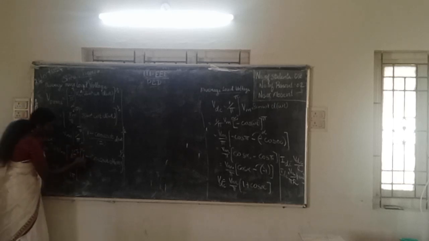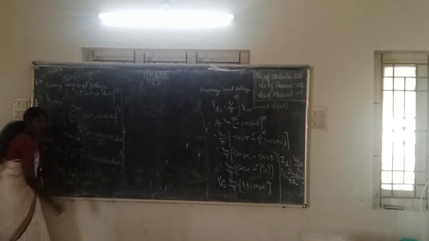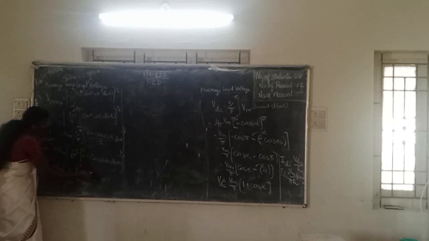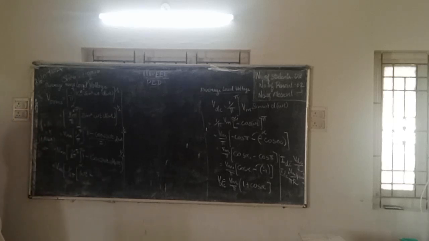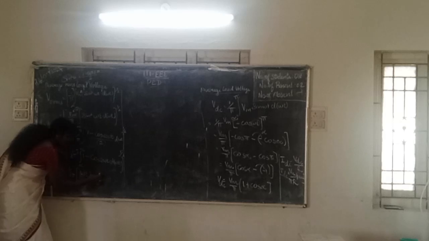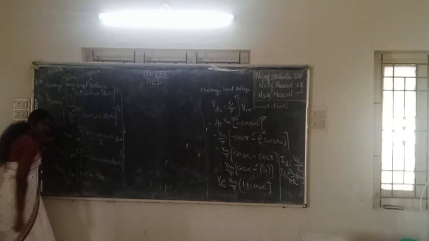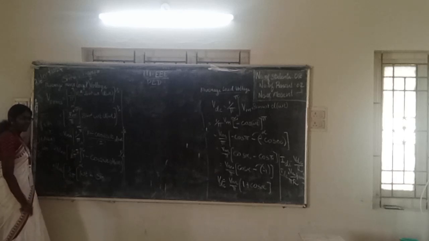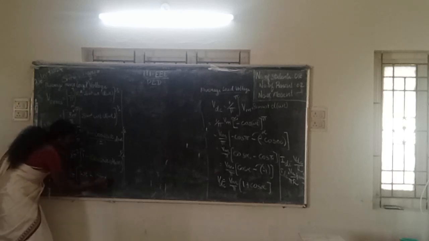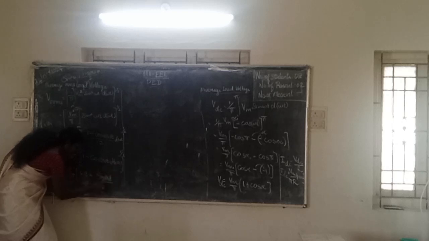Then minus the integral of cos 2 omega t, which is sin 2 omega t by 2.